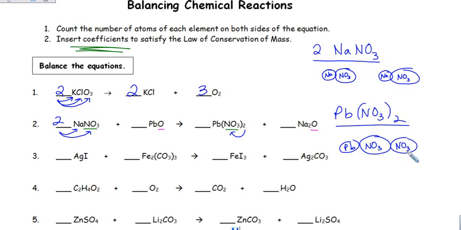So now let's say I was doing 3. And I got 1 silver, 2 silver. All right, I want 2. The 2 goes out in front. I got my 2 silver. Now I got 2 iodine. Ooh, dang. I got 3 iodine.